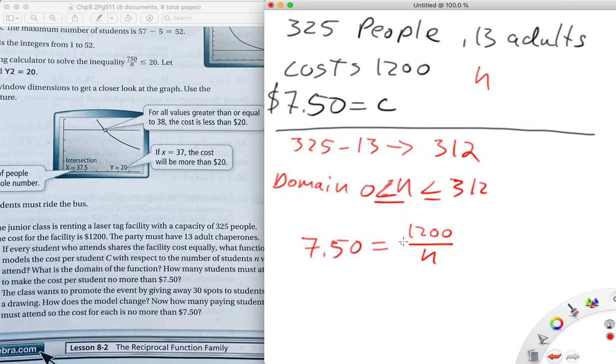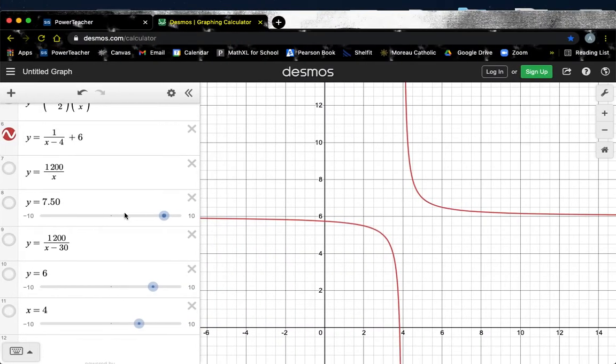So here's the deal. I can multiply, but I can do this algebraically. Multiply both sides by n, divide by 750, and I can get that n is equal to 160 students. So I need at least 160 students out of this 312 to attend so that I can make everybody pay 750 to cover the event. So a little bit more than half.